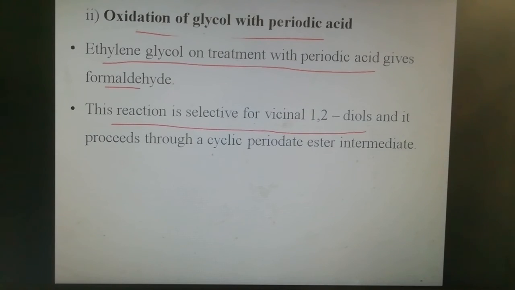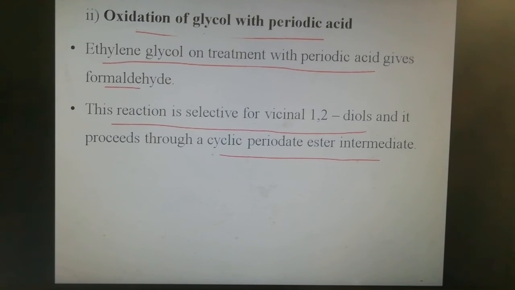This reaction proceeds through a cyclic periodate ester intermediate. Oxidation of ethylene glycol using periodic acid as the oxidizing agent forms a cyclic periodate ester intermediate.